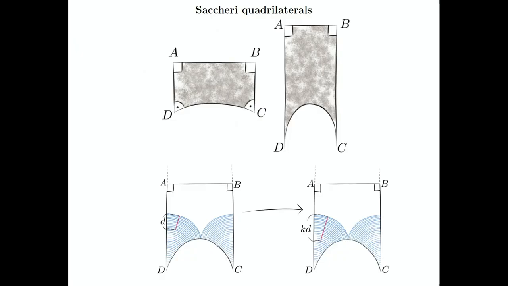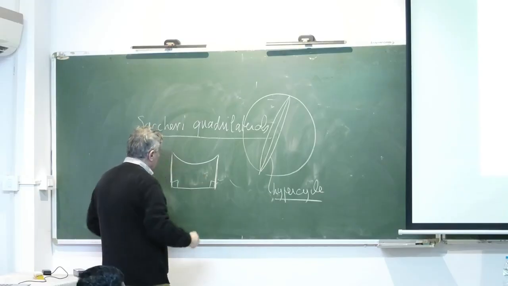This is a figure with 2 right angles, and then equal sides here. These sides are equal, so these angles should be equal.